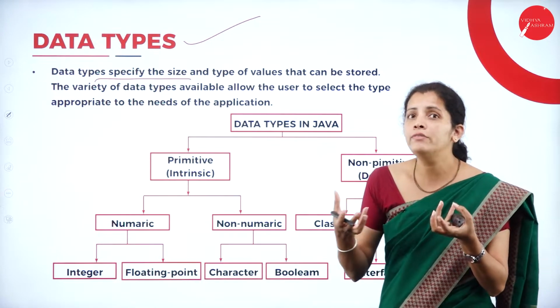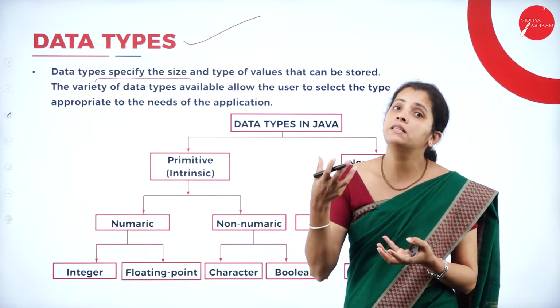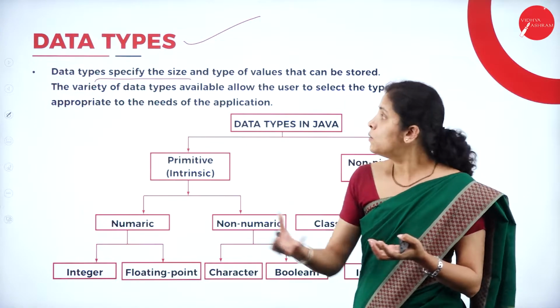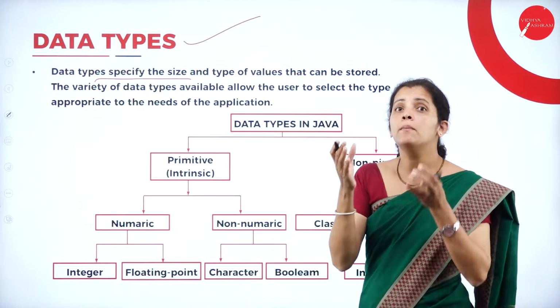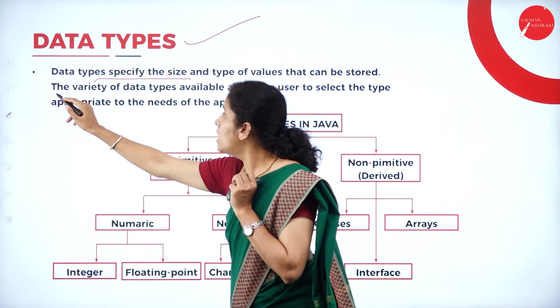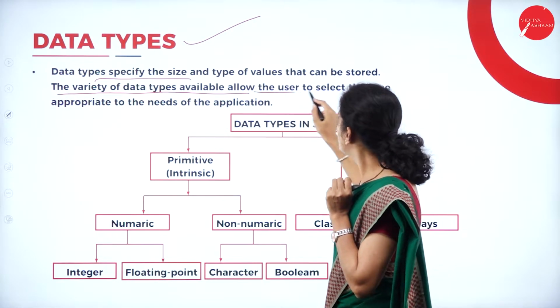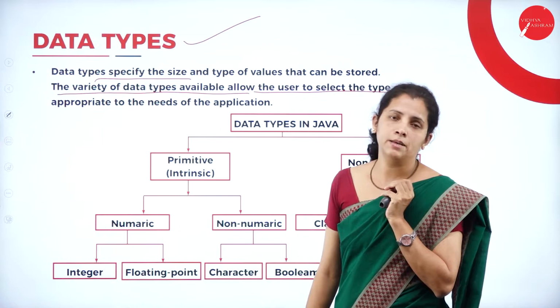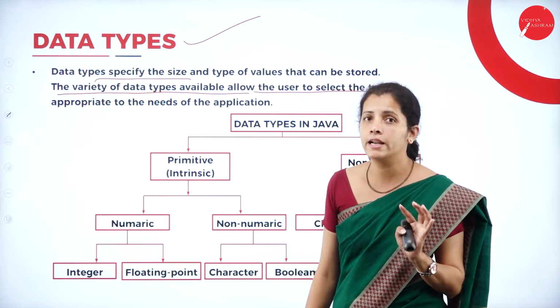So what kind of data is it? It is nothing but the name, that is nothing but a string. So here what is a data type? It is mainly used to define a particular kind or type of item. The variety of data types available allows the user to select the type. That means based on the user requirement, select the data type.